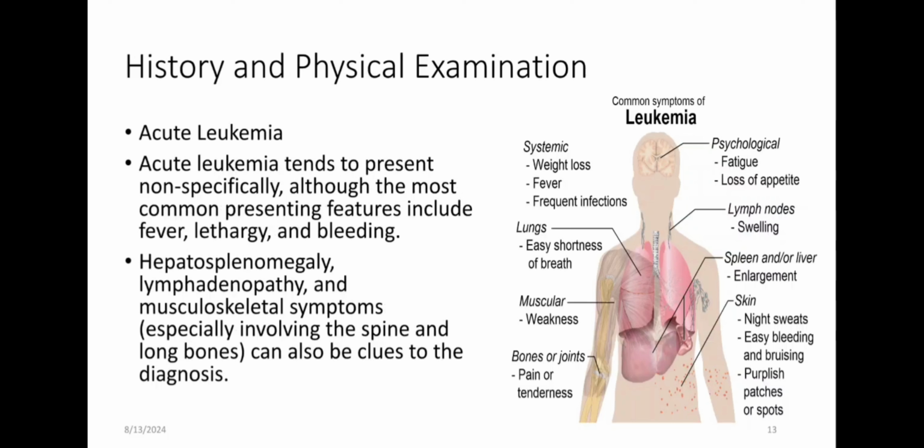Adults may also have more prominent anemia-related symptoms such as shortness of breath, or symptoms related to thrombocytopenia, which include excessive bruising or increased bleeding tendency. Patients with acute promyelocytic leukemia, which is associated with DIC-type symptoms, can present with mucosal bleeding, including gum bleeds, nosebleeds, or menorrhagia.